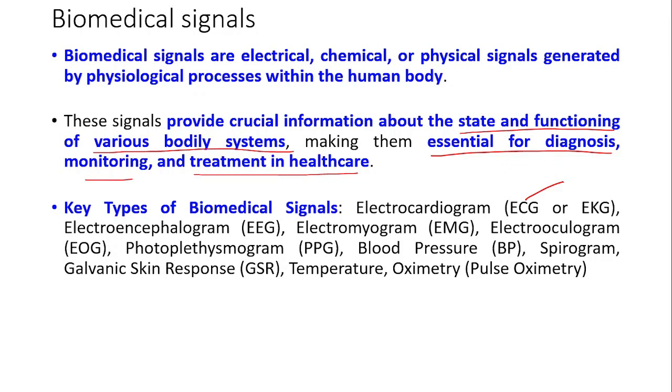We have two atria and two ventricles. Initially the atria contract, then the ventricles contract, and they work in a synchronized way. Since they work in a synchronized way, the signals follow a proper pattern. On the other hand, if you look into the ENG signals, it will just look like noise. If you look into the EEG signals, it will look like noise.